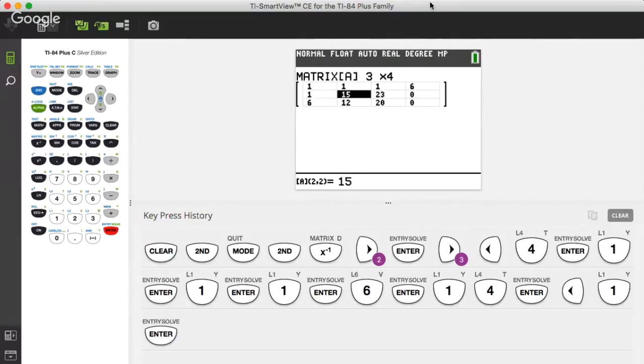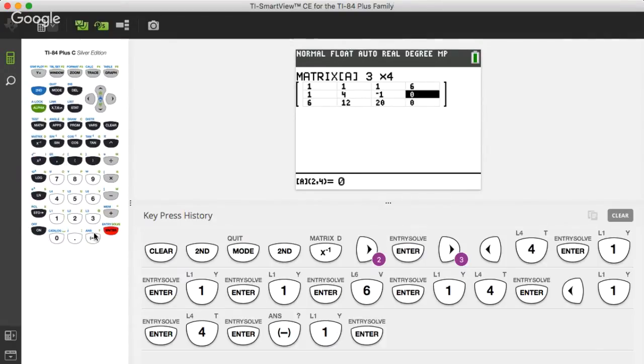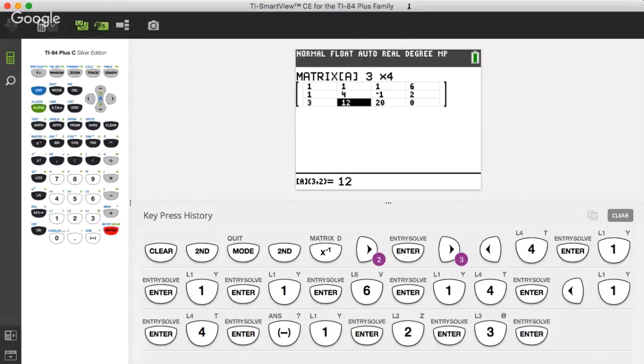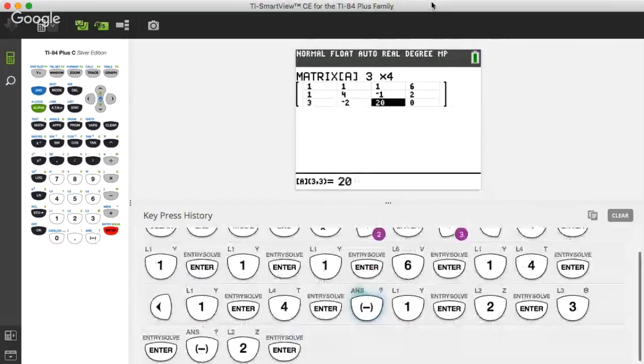Then 1, 4, -1. Make sure you use the negative sign and not the subtraction sign. It's a big mistake people sometimes make. Then 2, 3, -2, 2, and finally 3.